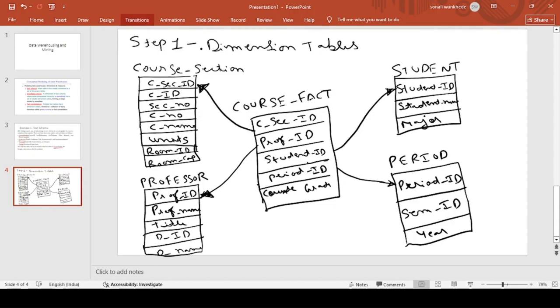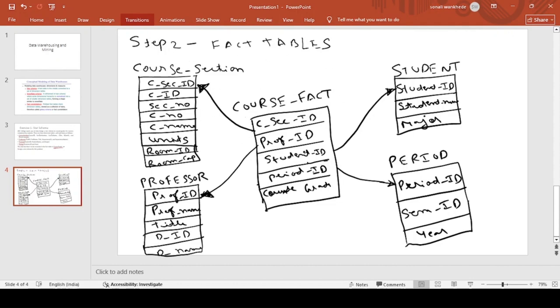Step number one is creating dimension tables, listing all the values.